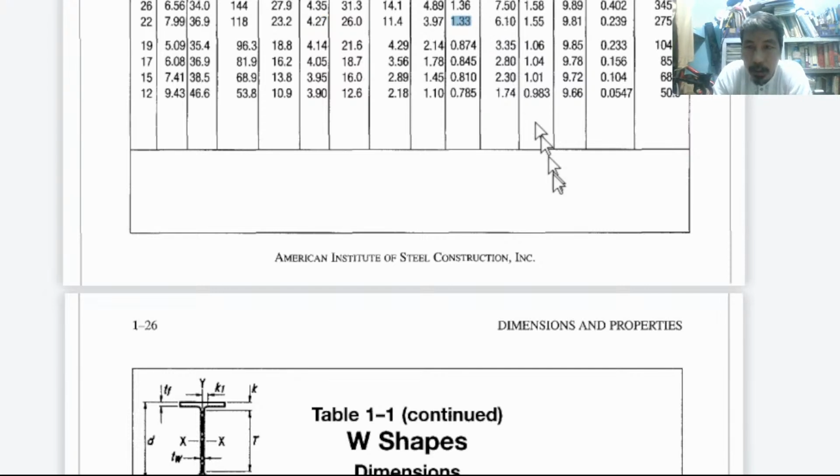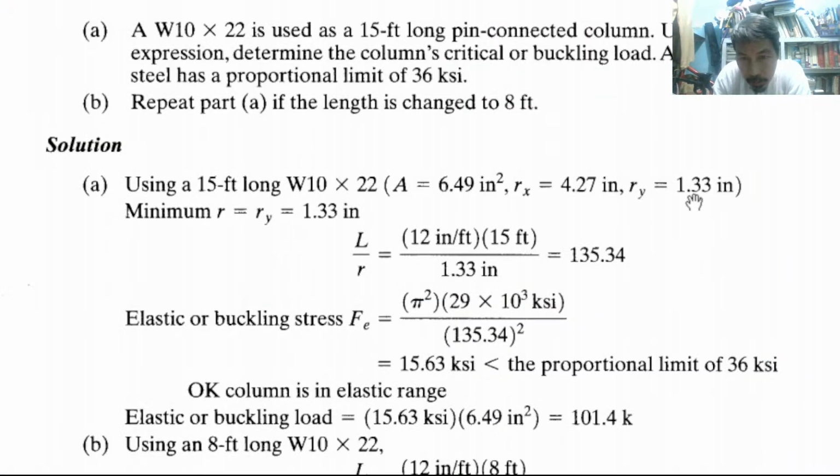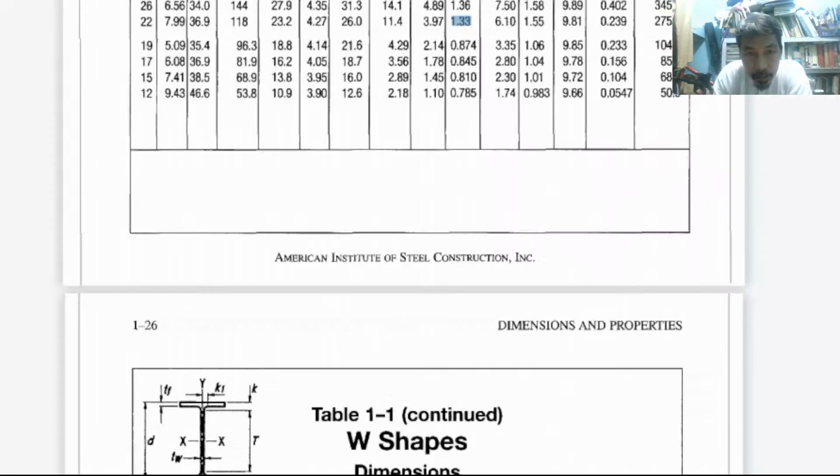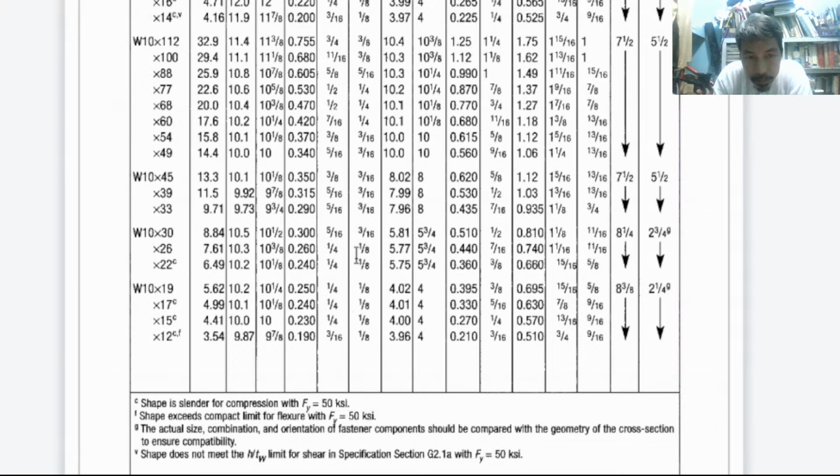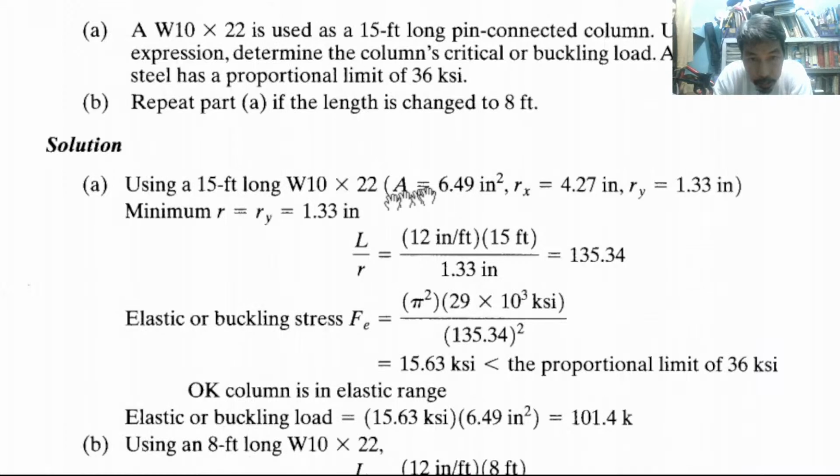Let's confirm: 1.33 and Rx is 4.27, correct. And the area here for 10 by 22 is 6.49, correct. So all of these three are correct values from our AISC table.